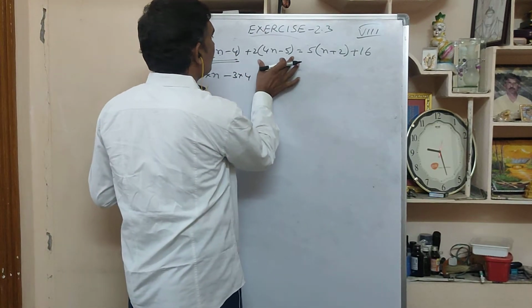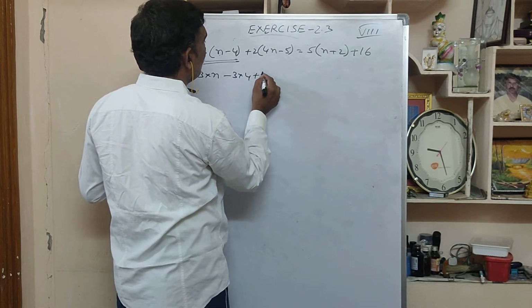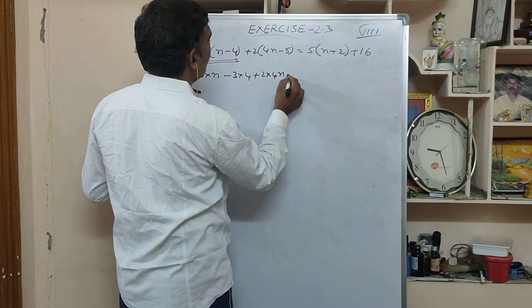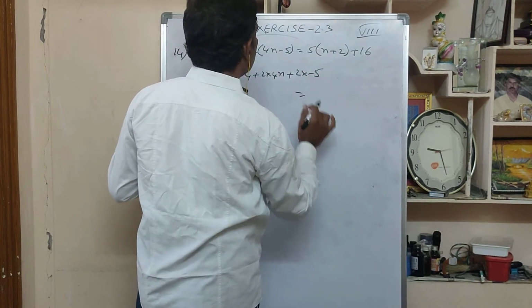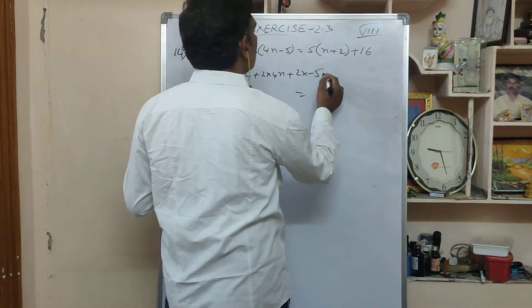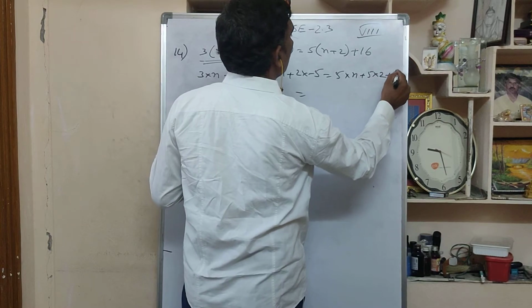Next come for this one. Plus 2. This 2 into this one. Plus 2 into 4n plus 2 into minus 5. So this is completed. Now come for RHS. What you have? 5 into n, 5 into 2 plus 16.